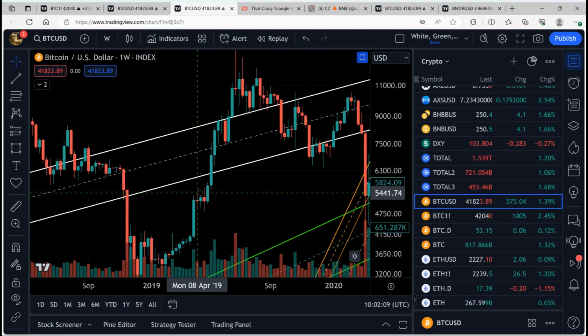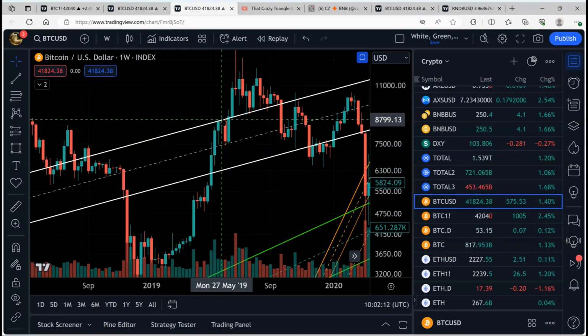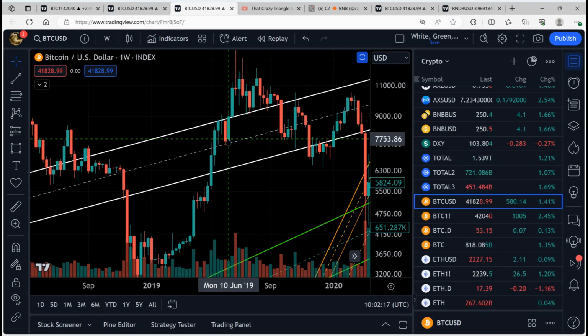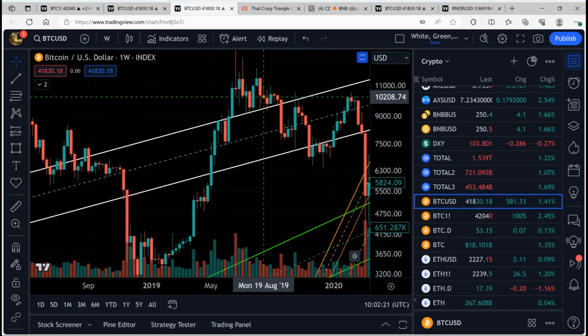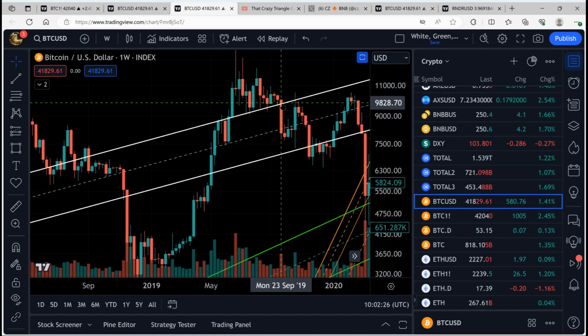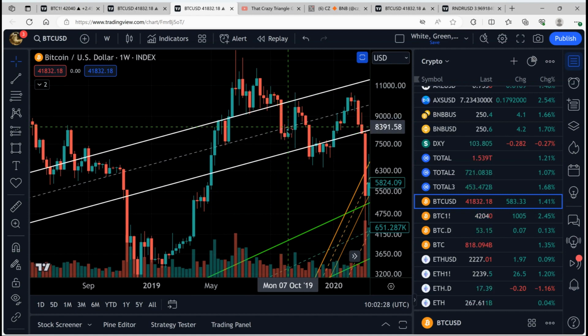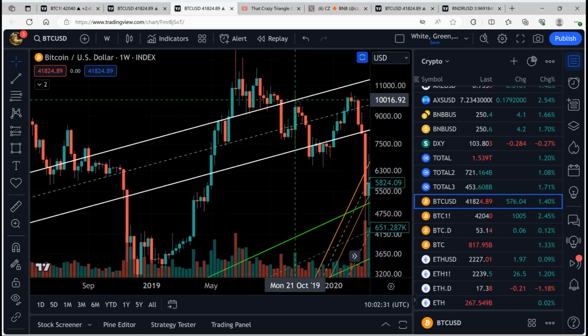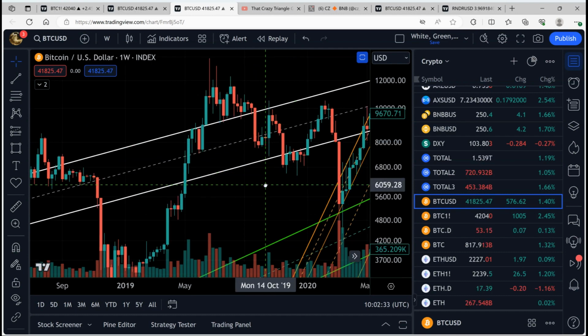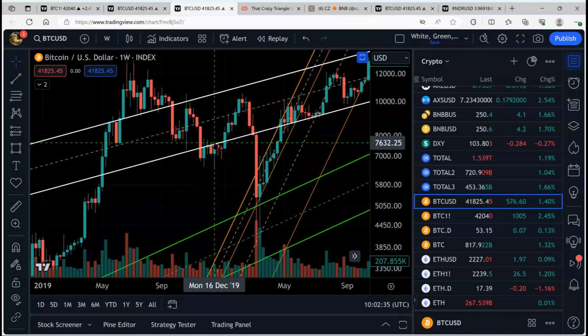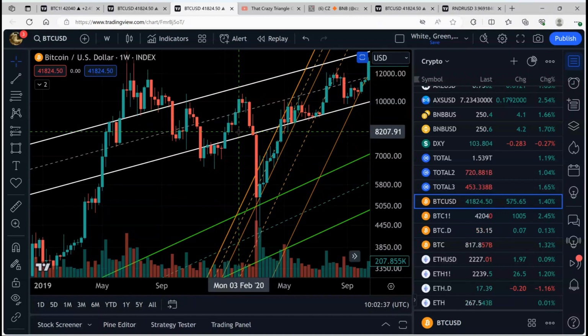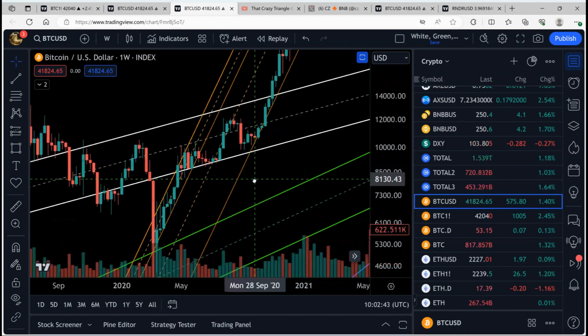And when we came back up through here, look what we did. We got rejected at the top of this channel and held support at the center line. And here held support on top of this channel. And when we fell through hard, back to the center line and back to the top of the channel, the center line, the bottom here, all played a significant role in Bitcoin's history.